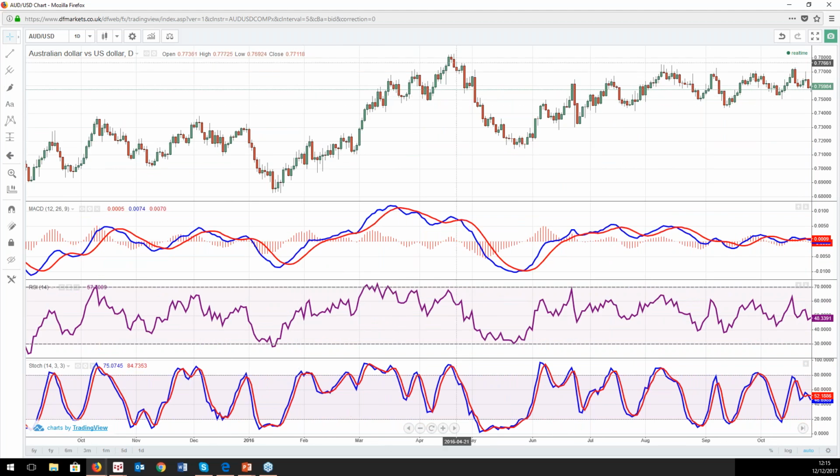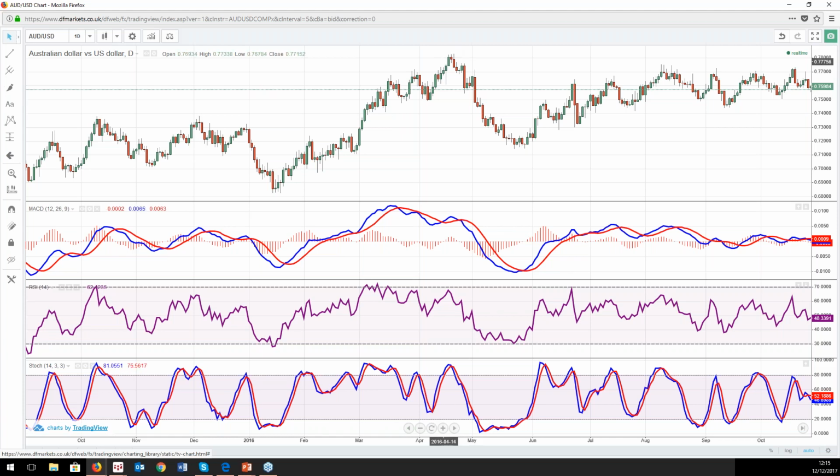There we go. Right, okay, so this is the daily Aussie dollar, and this is back in March and April, and there we were going up, higher highs and higher lows, and right there on that high is where the MACD topped out. But we went on to make a new high there and another new high here.